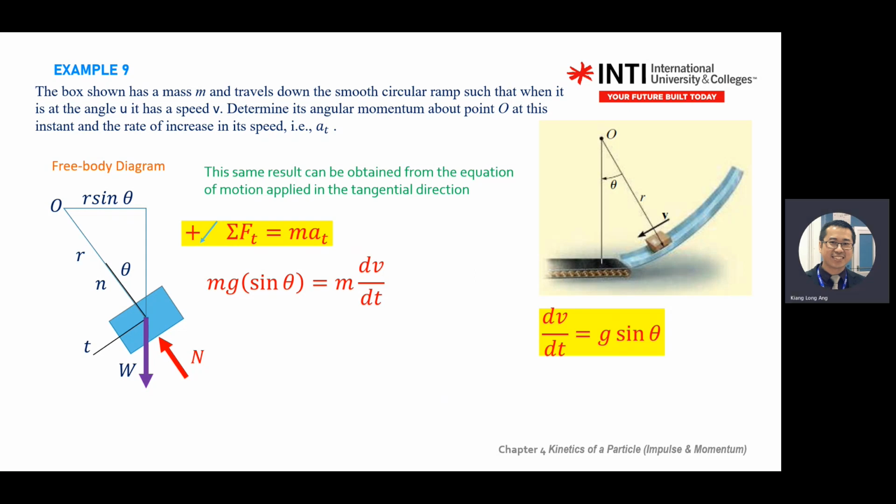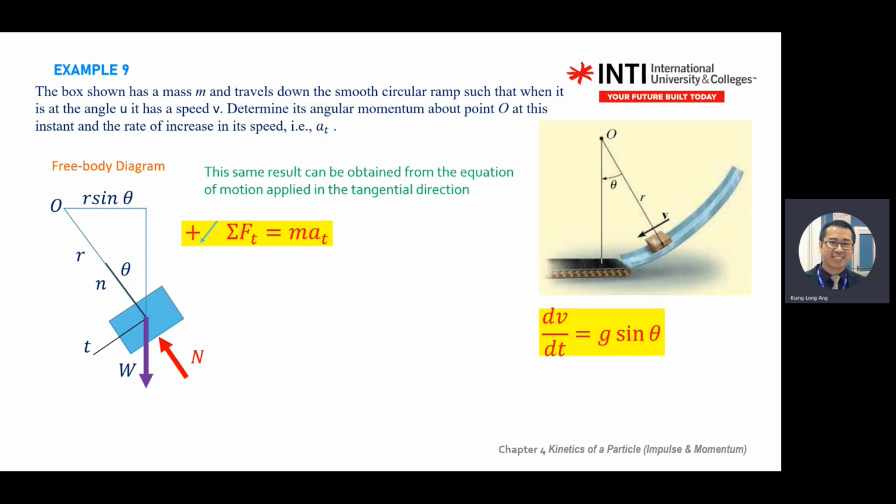So W split to tangent direction, you get sin theta. m a_t, you still derive a_t into dv/dt. Cancel m, right? You still get the same answer. This is by using the chapter 2 approach.